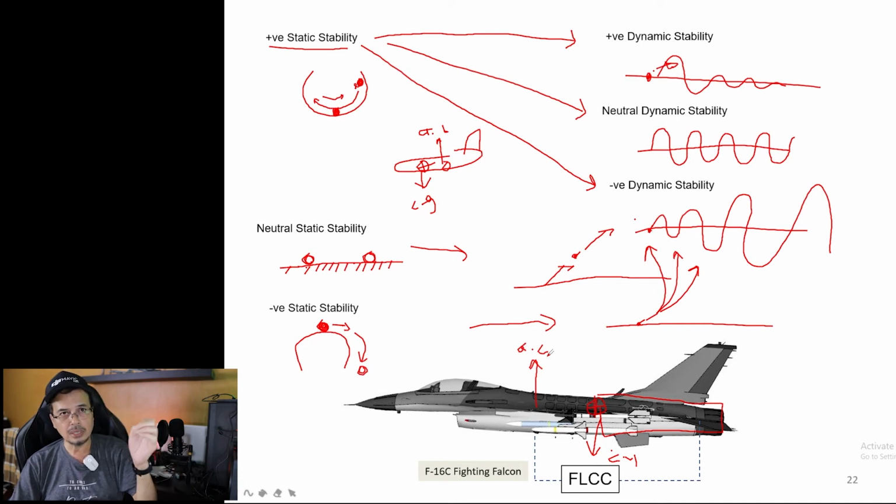Actually, the F-16 was known as the electric jet, because it was the first plane to be designed with FBW, fly-by-wire, way back in the early 1970s.